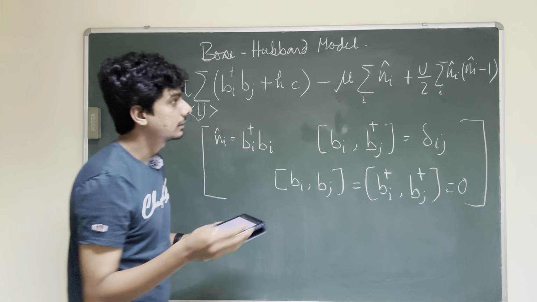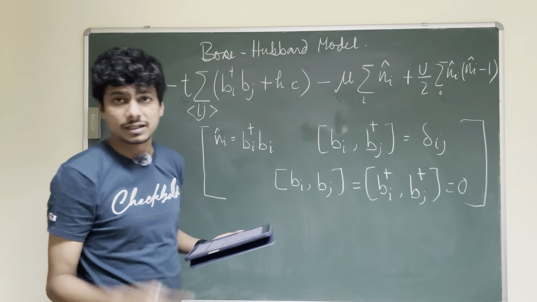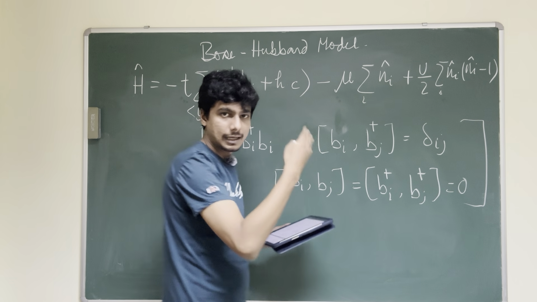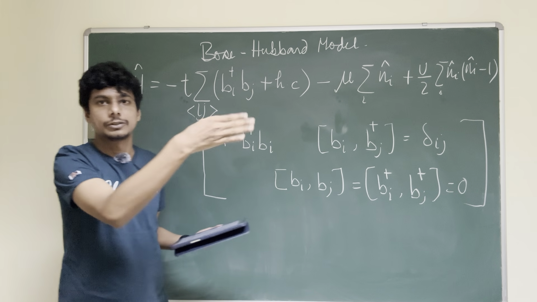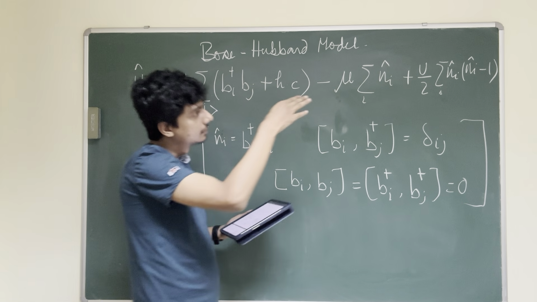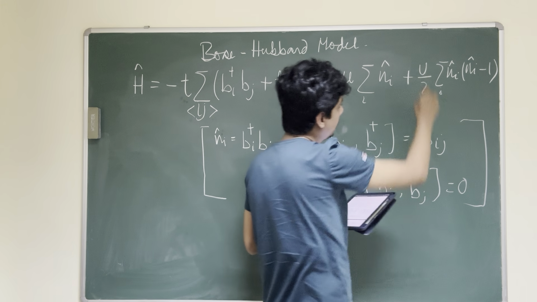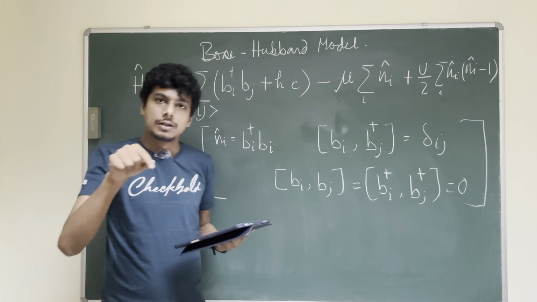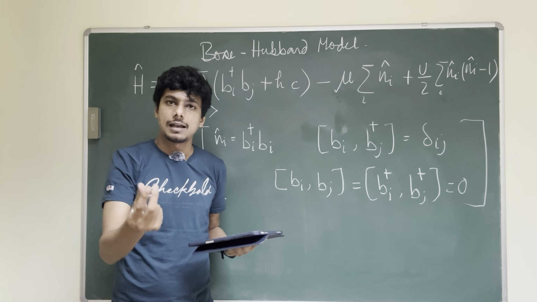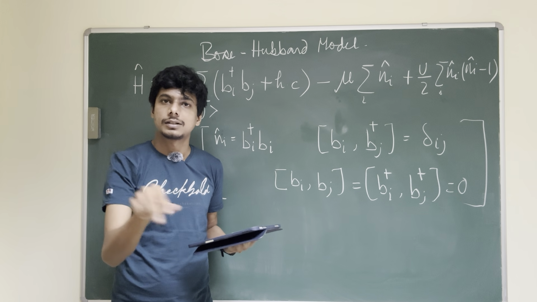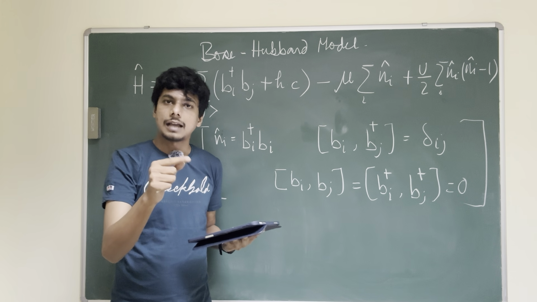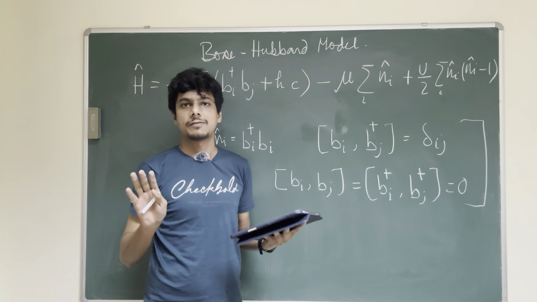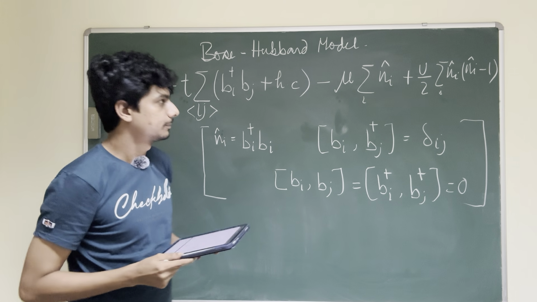So that's why this U/2 appears in the coefficient, with n(n-1), and trivially from n(n-1)/2. But this U is the on-site repulsion. So if the lattice consists of a large number of particles, how will they interact between themselves? This is the main fact of the model.